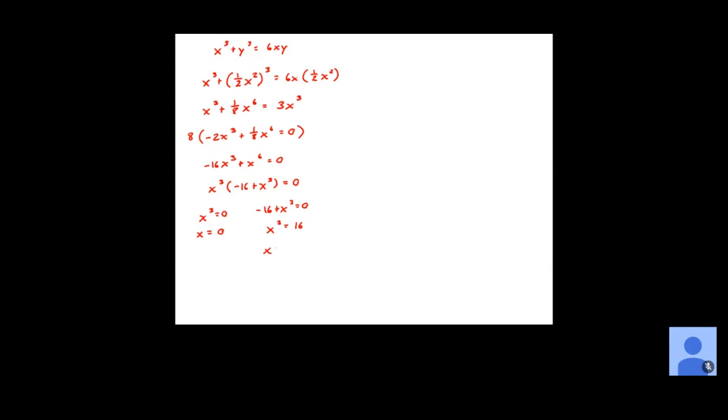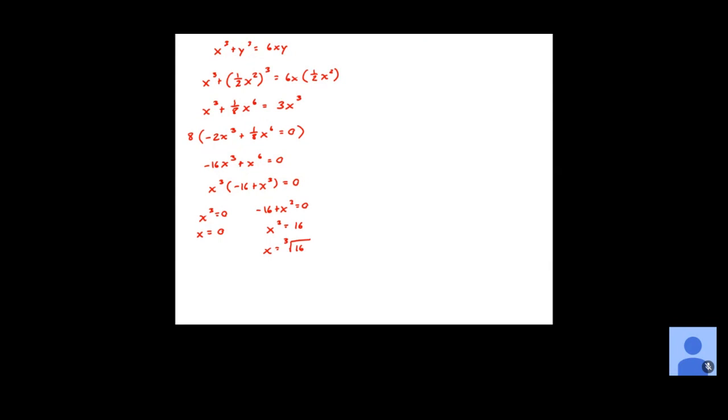Good. Cube root. So that's just going to give us the cube root of 16, which is not an integer value, right? So if you just want to leave it that way, you could also bring out an 8 and get 2 cube root of 2, but cube root of 16 is fine there.